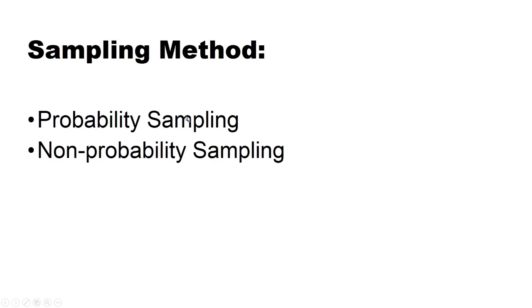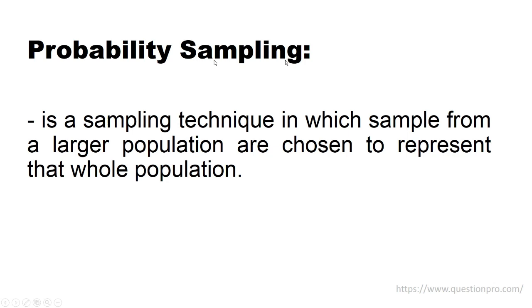So anong ibig sabihin kapag sinabi natin probability sampling? Okay, so probability sampling is a sampling technique in which sample from a large population are chosen to represent that whole population. Okay, para mas klaro, let me give you an example. Your participants, sabihin na lang natin 100 na participants, kukuha ka lamang ng 50 participants. Ibig sabihin yung 50 participants are the representative ng 100%.